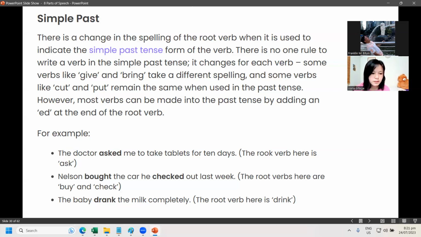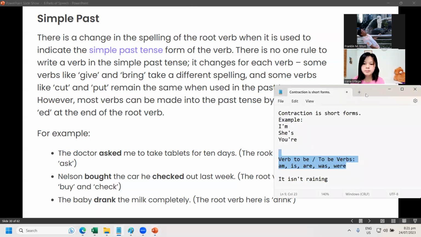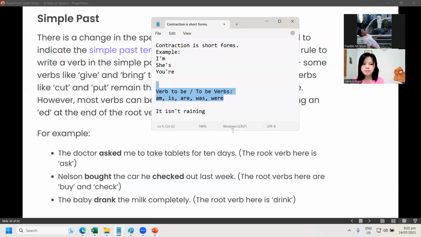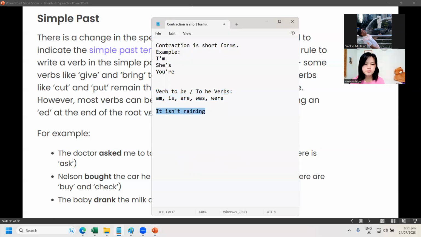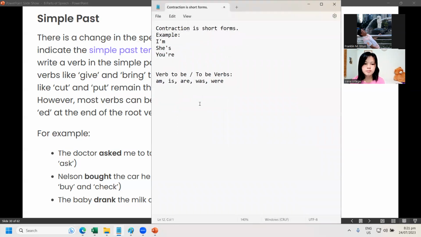All right, so that's simple past tense, or just past tense. Sometimes there's a change in spelling. So usually there are two types of simple past tense. You have the regular verbs and you have the irregular verbs.